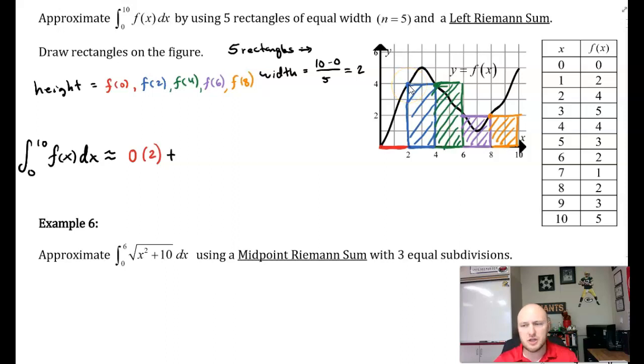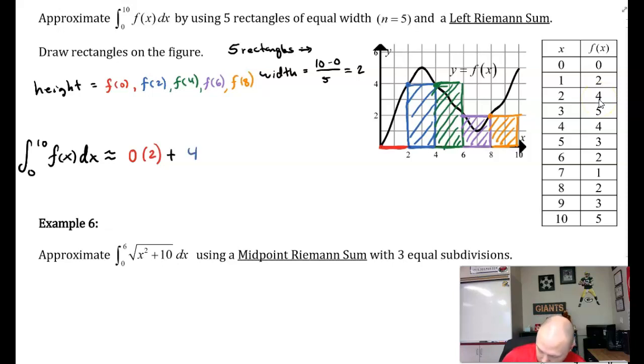You can visually approximate if it's clear, but they also give us a table. Most Riemann sums on AP FRQs are usually given in table form. So f of 2, if I go down here to 2, the height of the function is 4.